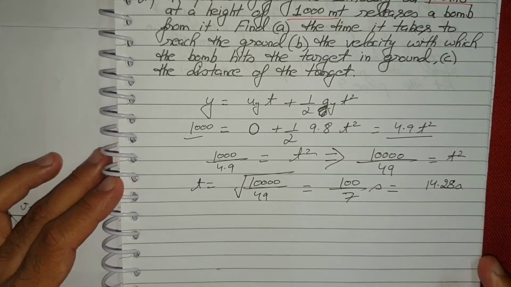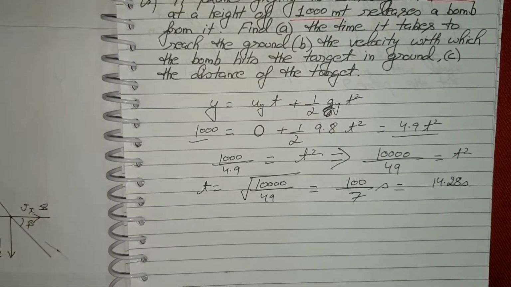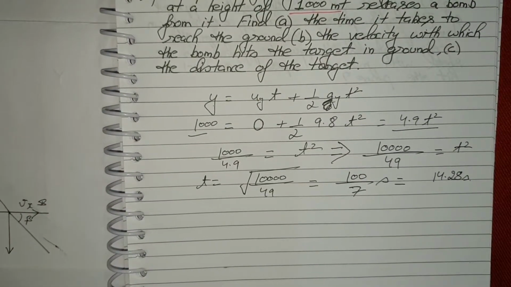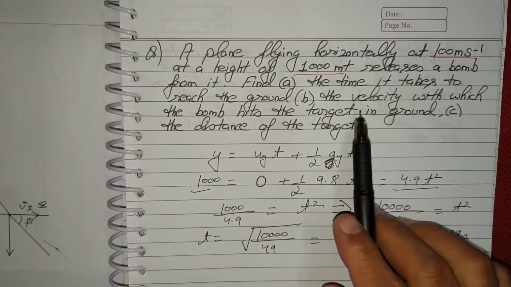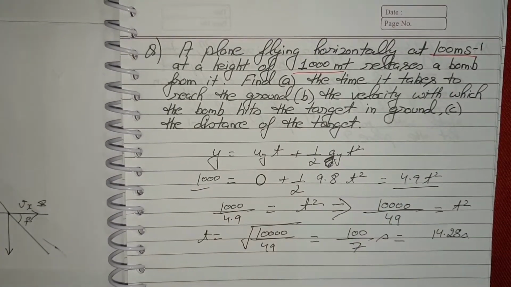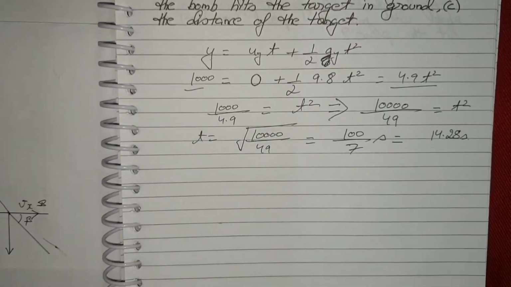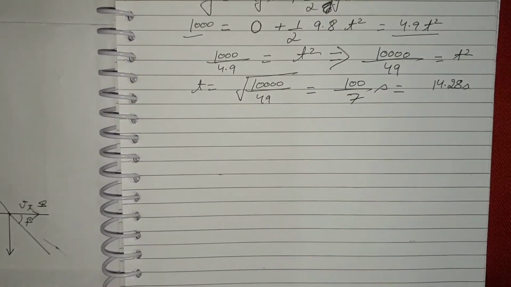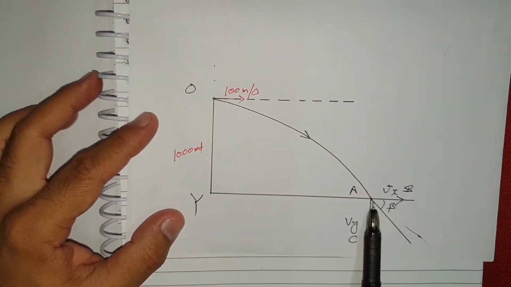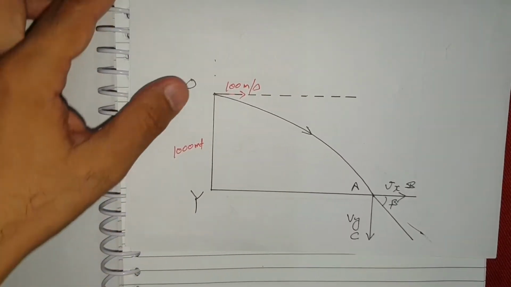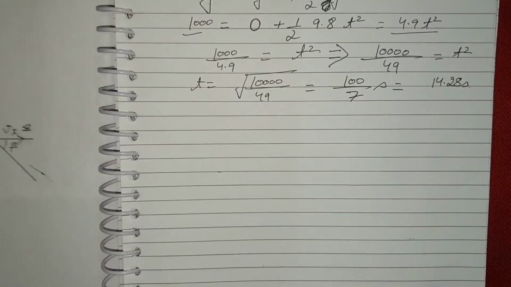So this is the time taken by the bomb to reach the ground. Now the second part was the velocity with which the bomb hits the target on the ground. Again, we are talking about this velocity, so we have to find both Vx and Vy. Finding Vy first, the vertical motion.